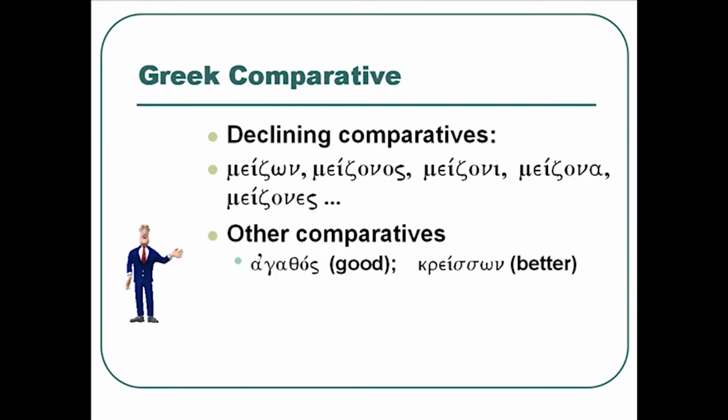There are other comparatives that we can look at. We've got agathos, which means good. Kreisson means better. So you can see these are almost like second aorist comparatives where the root changes. It's not just a matter of adding the omega nu ending, but the actual root changes from good, agathos, to kreisson, better.